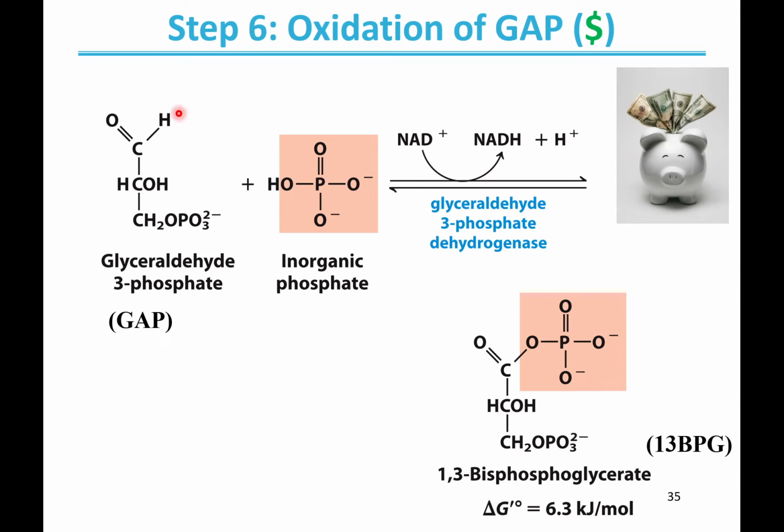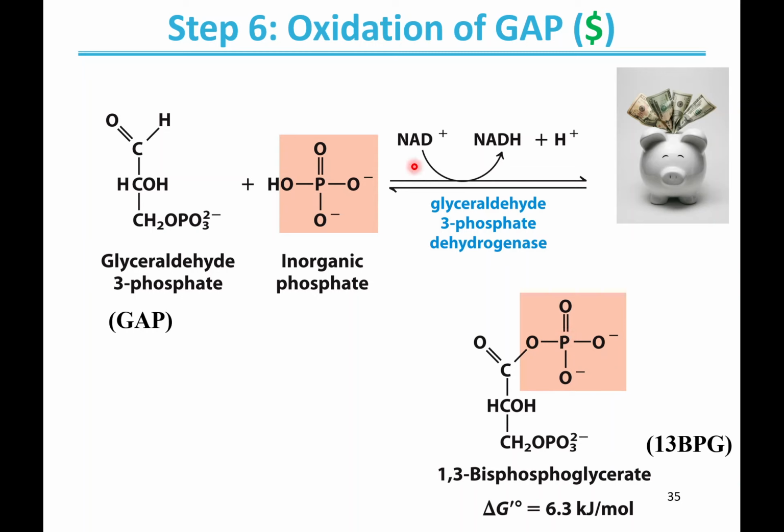Right. So in step 6, you have GAP, and you're adding an inorganic phosphate to it, and you're producing 1,3-bisphosphoglycerate, or 1,3-BPG.